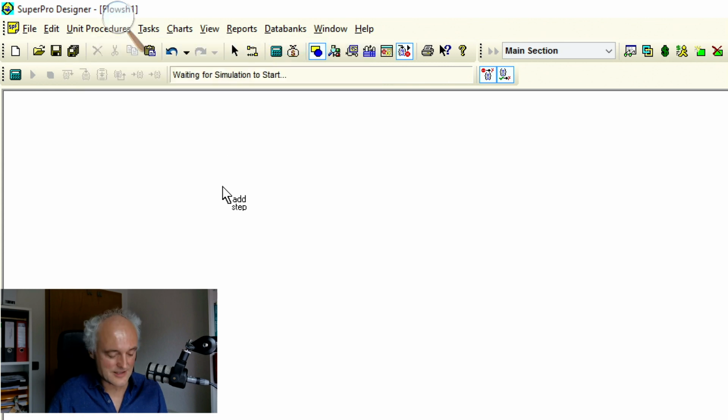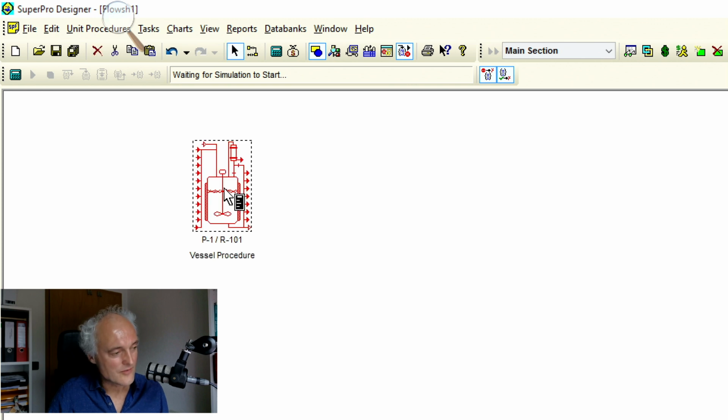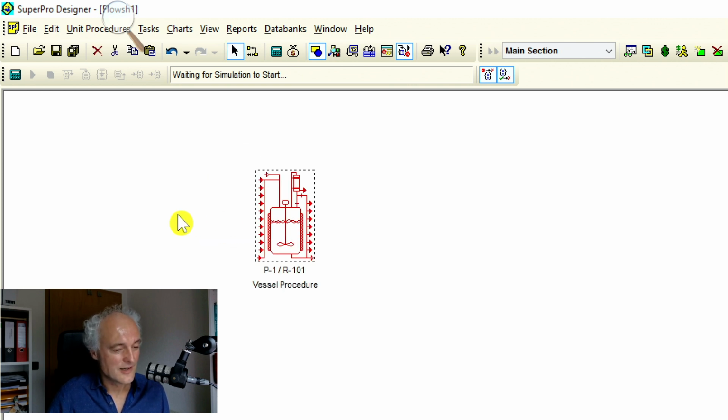So what we add is a simple vessel procedure. Here we are. So this is the vessel we have now added. It's very simple. At the end, the reaction is very simple, so the reactor there is very simple. You pour something into this reactor, mix it, and that's it. So let's start.